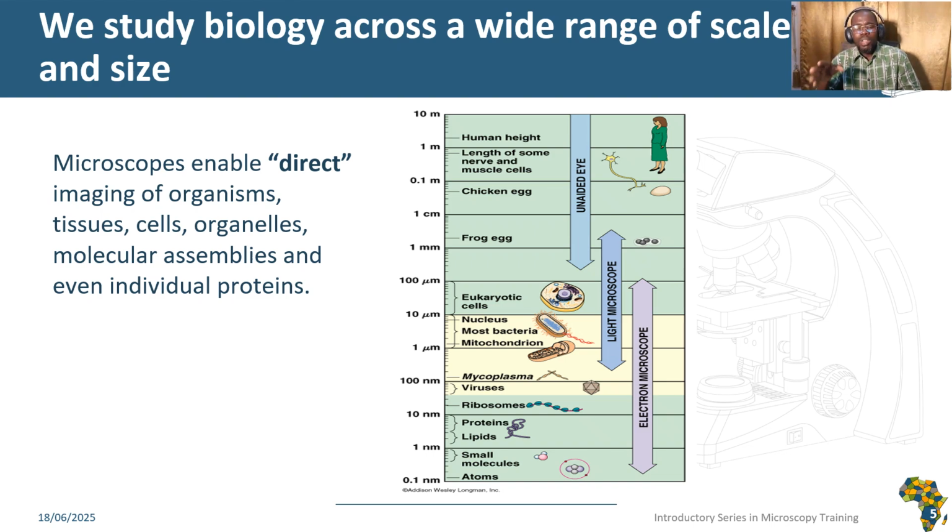The light microscope can see objects with size ranges from 100 micrometer to about 0.2 micrometer. Things like eukaryotic cells, nucleus, most bacteria, and mitochondria can all be seen with the light microscope, while the electron microscope can see objects with size ranges from 0.2 micrometer to about 0.1 nanometer.